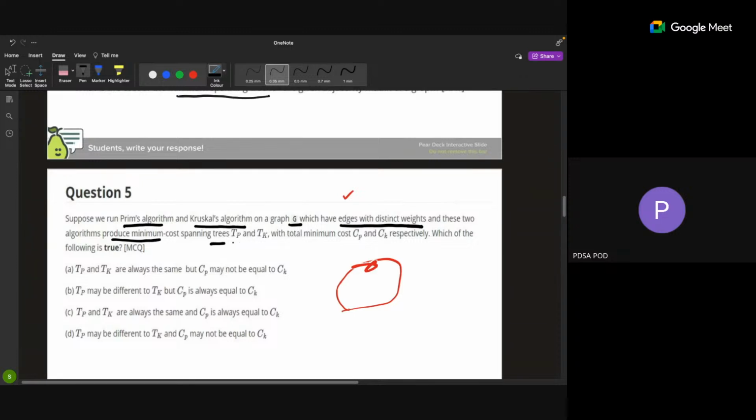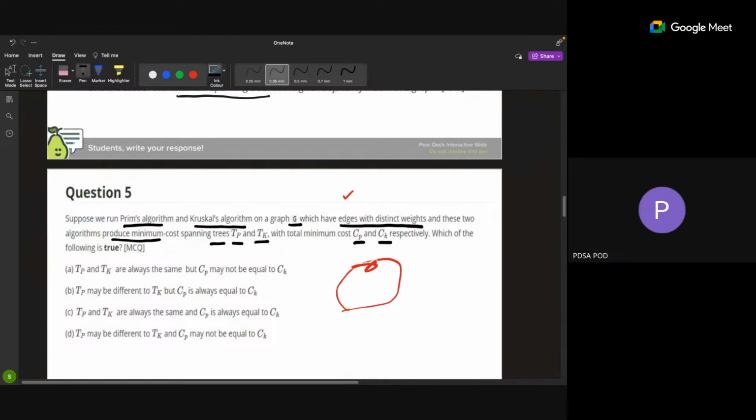The spanning trees are named TP and TK: the tree generated using Prim's algorithm and the tree generated using Kruskal's algorithm. And the computed value of the minimum cost, CP for Prim's and CK for Kruskal's.